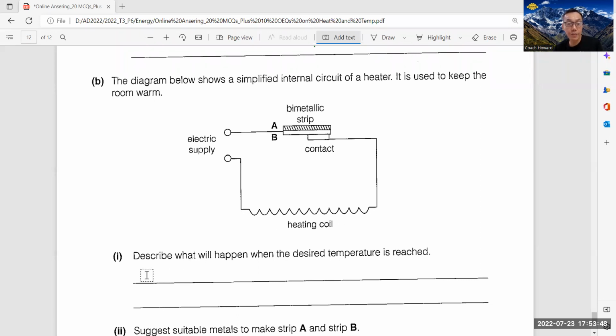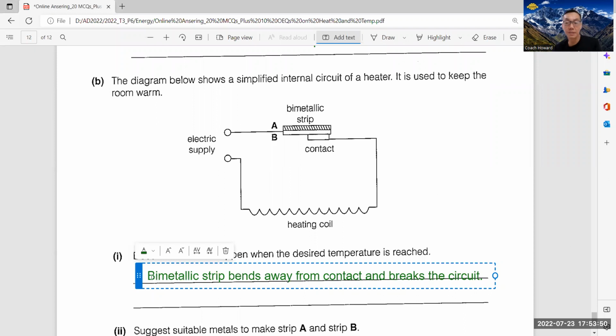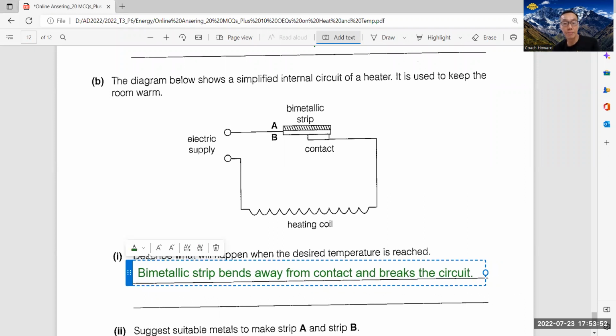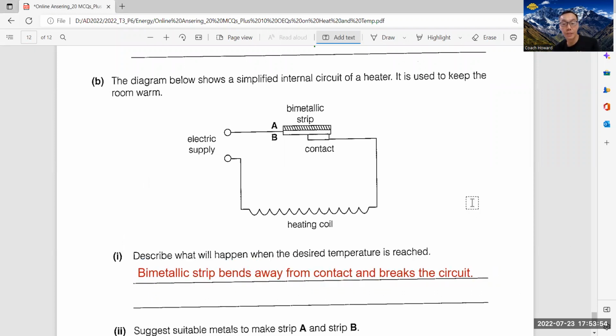So when it reaches the desired temperature, the bimetallic strip will bend away from the contact. If you observe this, it will bend upwards. That means strip B expands more than strip A. So it will bend upwards and form a gap in between here. So the electricity cannot flow through here, so it will stop heating.